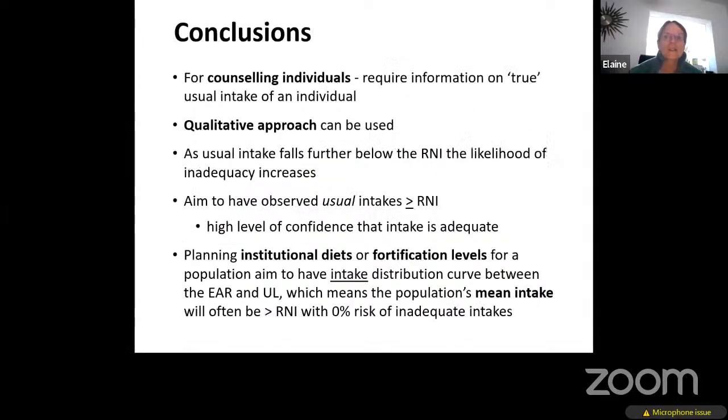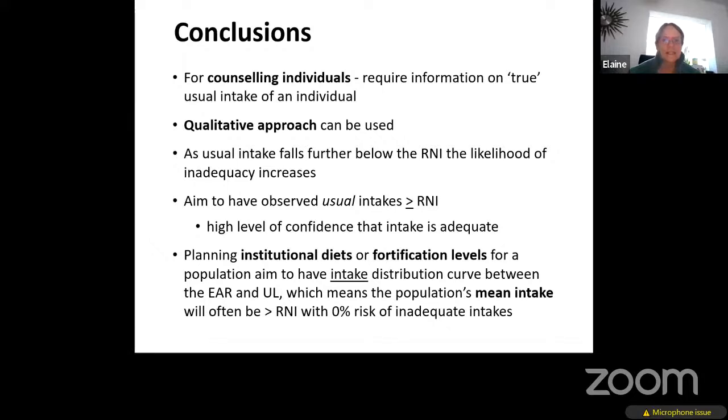For counseling individuals, you don't know the true usual requirement, so you use a qualitative approach. What you're trying to do there is have their intakes fall at approximately the recommended nutrient intakes, because then you're 97% certain that it's meeting their nutrient requirements.